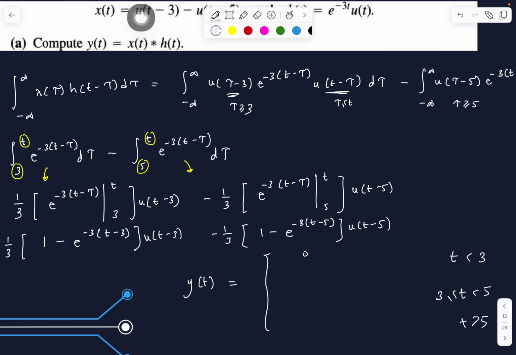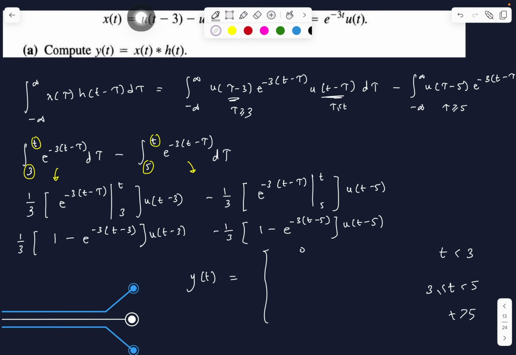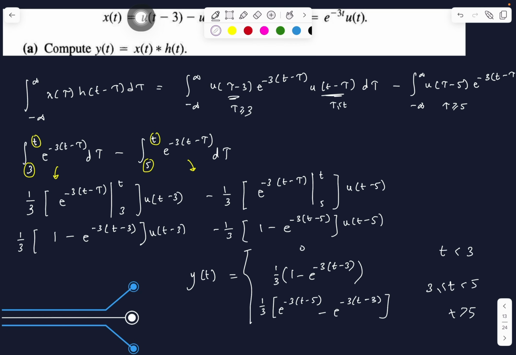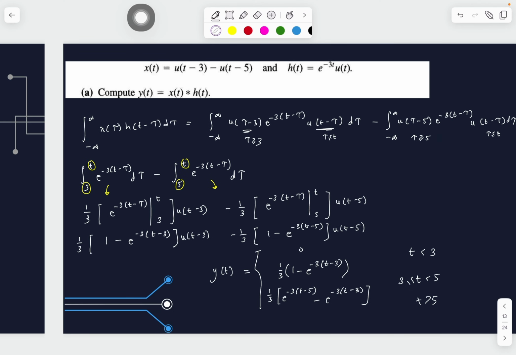So for t less than 3, there's no overlap. And then for the range between 3 and 5, we have this term. So the value is going to be 1/3 (1 minus e^(-3(t minus 3))). And then for t greater than 5, we will have a combination of these two terms. Let's also try to sketch them.